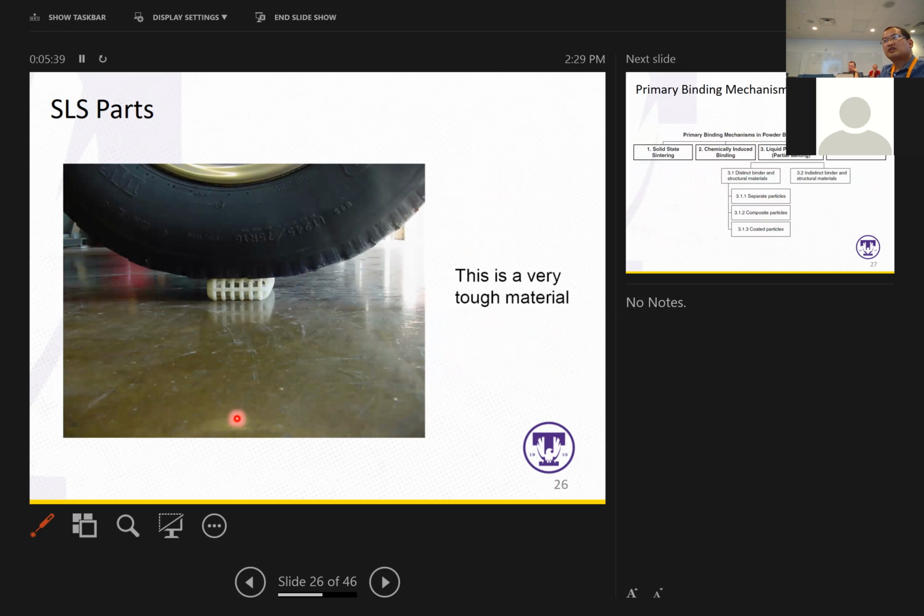And it's very tough. You can see it can successfully hold this amount of load without cracking or breaking, right? But after all, it's not metal. So for metal, it could be a totally different story.